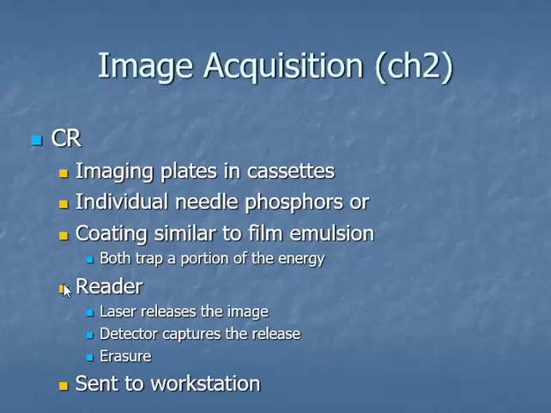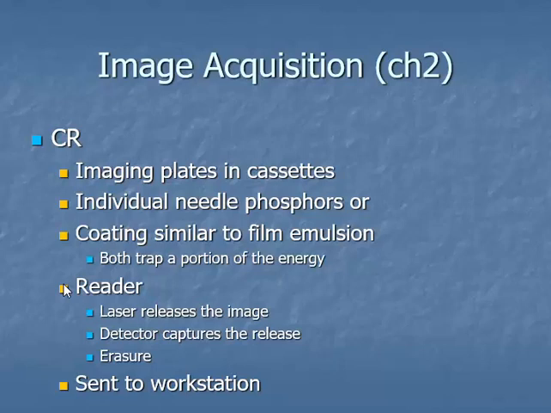As opposed to that, the other type is essentially an emulsion layer, where you had phosphors stacked on top of each other. They're more like individual little plates that are stacked on top of each other in a layer, more similar to what we call a film emulsion. Those also trap signal.